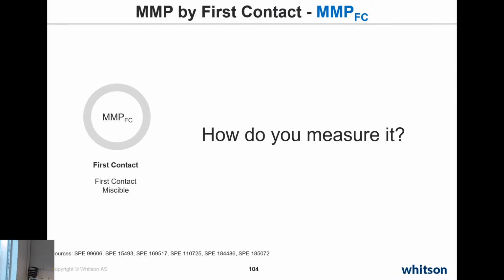Swelling test, slim tube, slim tube, swelling test. Okay.